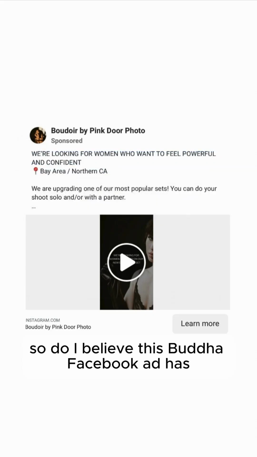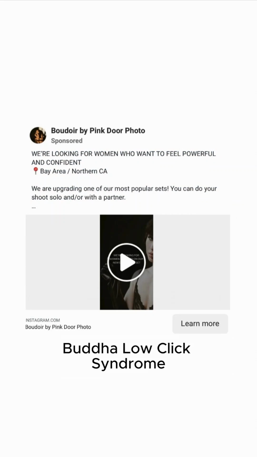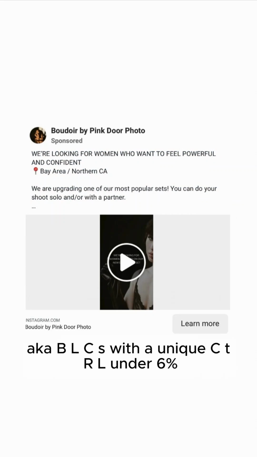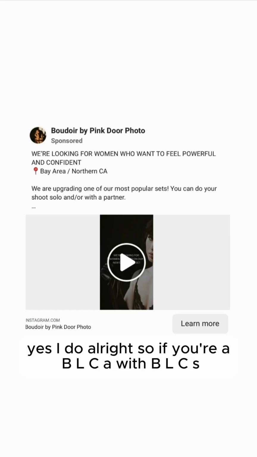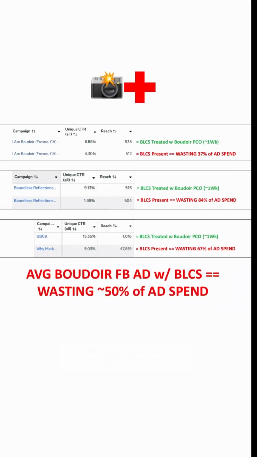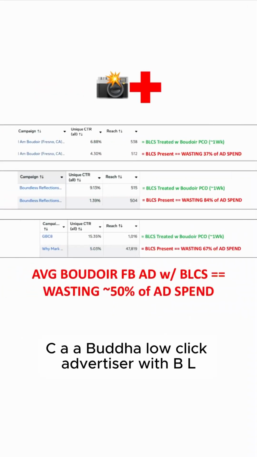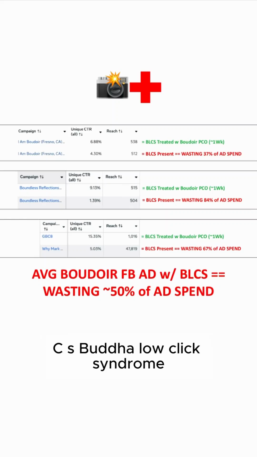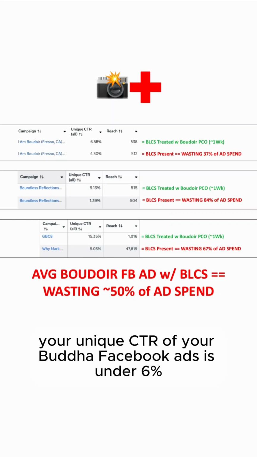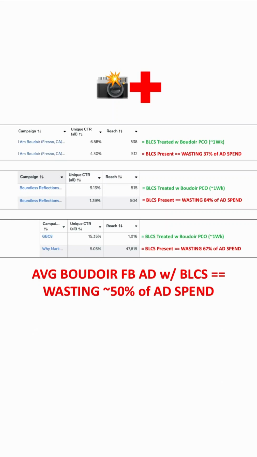So, do I believe this boudoir Facebook ad has boudoir low click syndrome, aka BLCS, with a unique CTR under 6%? Yes, I do. So, if you're a BLCA, a boudoir low click advertiser with BLCS, boudoir low click syndrome, your unique CTR of your boudoir Facebook ads is under 6%, and you want to eliminate 5K wasted spend.